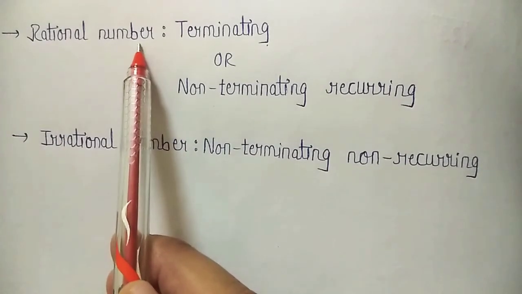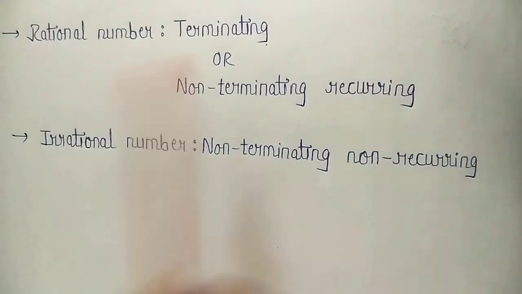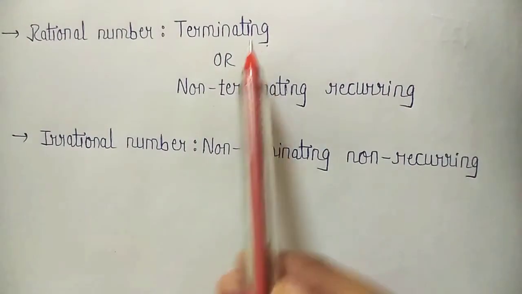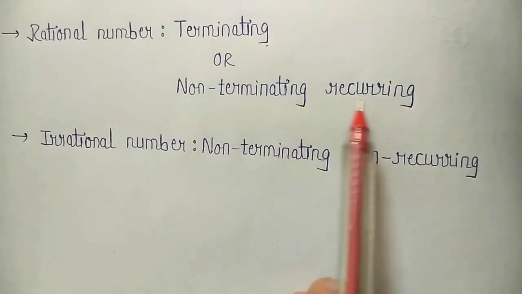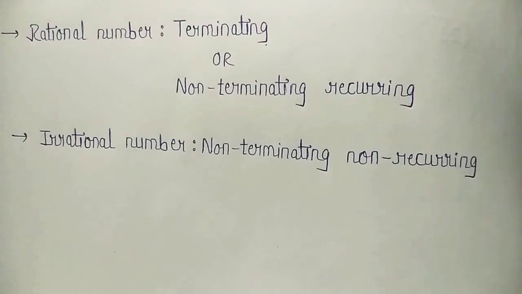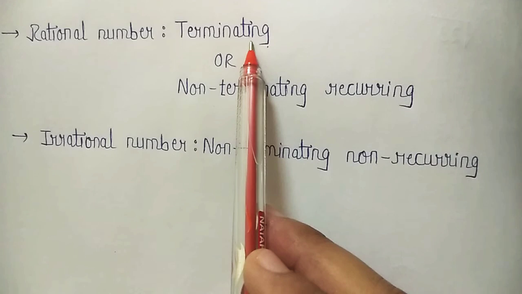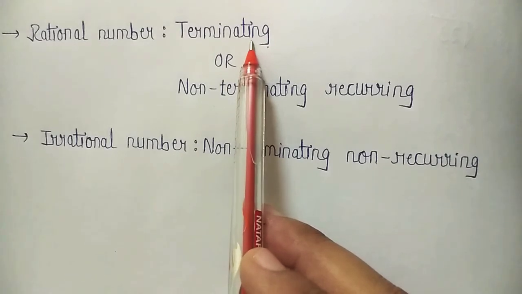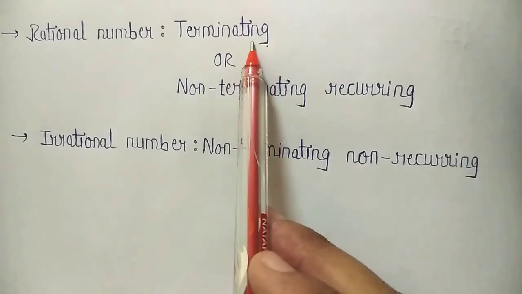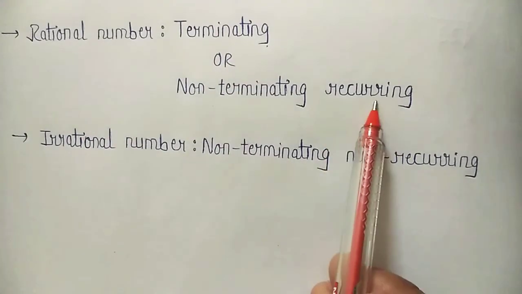A rational number has decimal expansion either terminating or non-terminating recurring, which means when we get a terminating decimal expansion, which is not continuous, it ends after some digits, that is terminating, right? We have learned. What is non-terminating recurring?